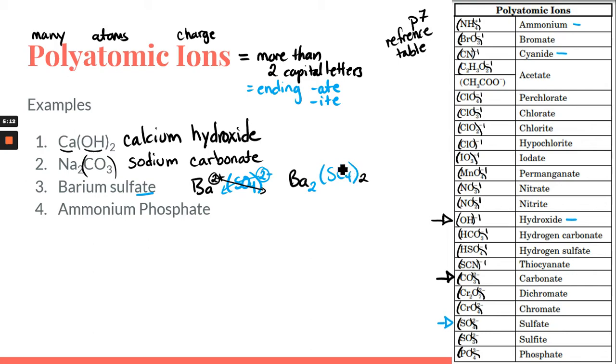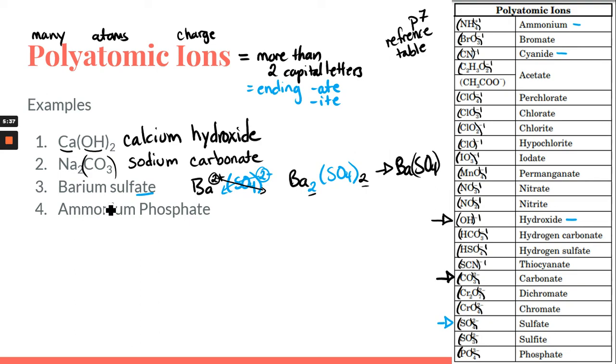We never change what's on the inside of the parentheses. But what we can do is reduce the 2 and the 2. So the real answer here then is just BaSO4. You can have the parentheses there if you want, but because the subscript is now a 1, you don't need the parentheses. So I would just write BaSO4.